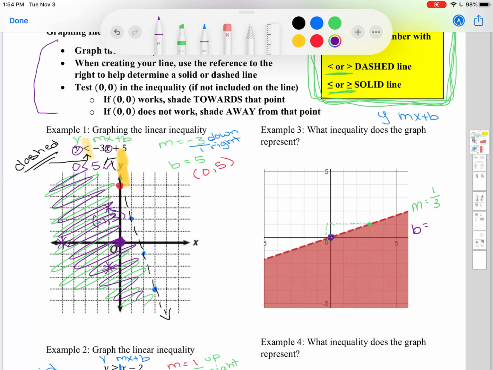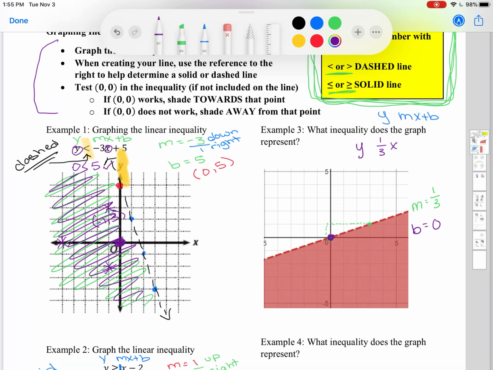The only other thing I need is my b. Remember, your b runs all along the y-intercept here. So you're looking for the point that crosses the y-intercept. And if you look closely, that point is actually the same one we used earlier, and it's at the origin. So when we ask ourselves what the b value is, it's actually going to be 0. Because think about what your y is at that coordinate.